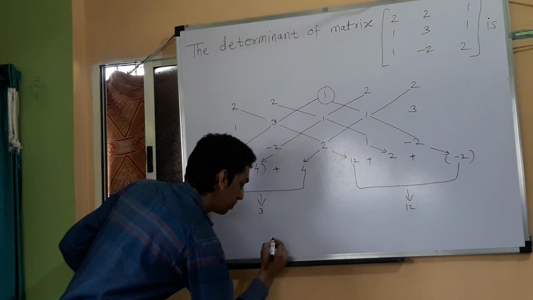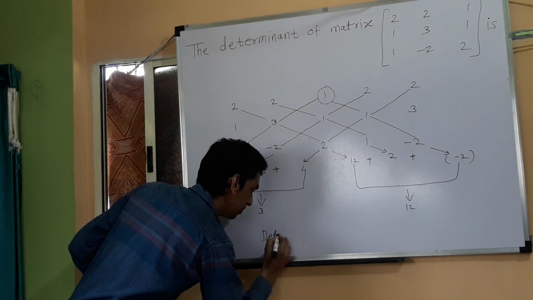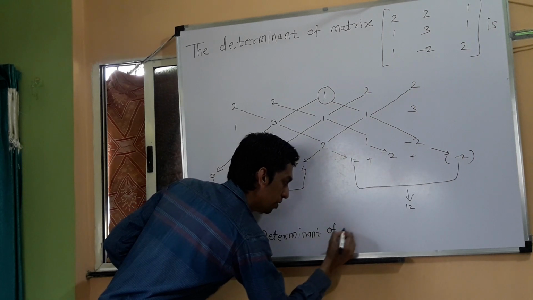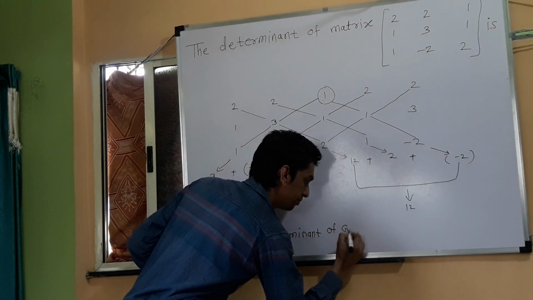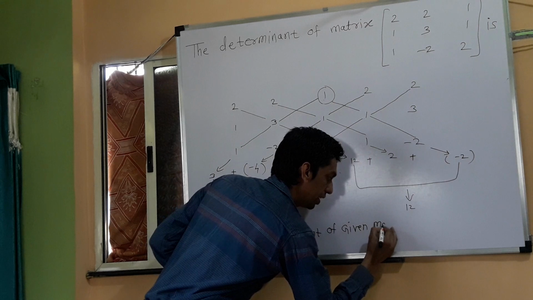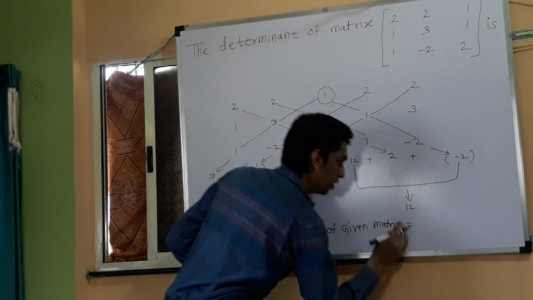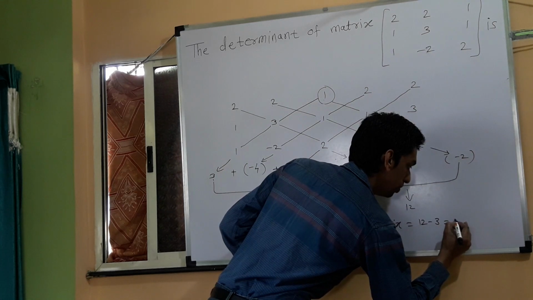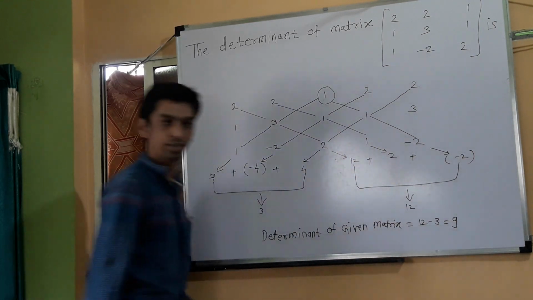So the determinant of the given matrix is equal to 12 minus 3, that is equal to 9.